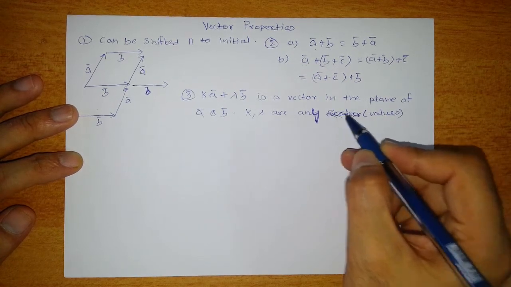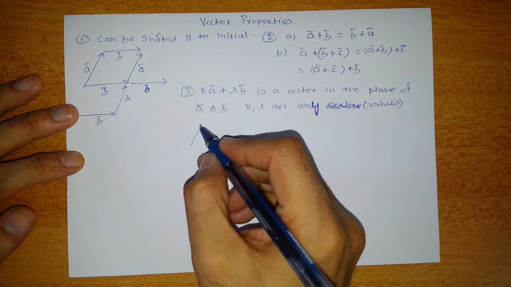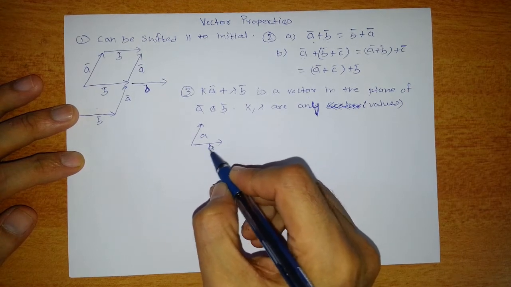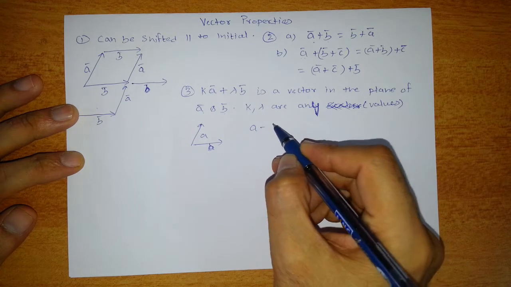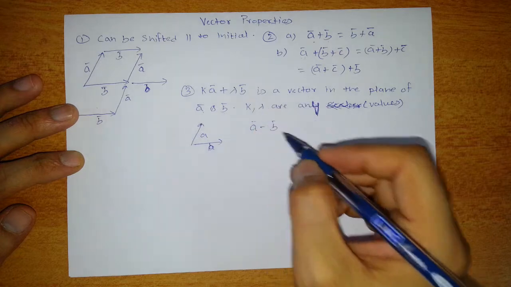So we can say, let's say there is a vector A, this is vector A, and this is vector B. If we say, what is A minus B, here k is 1 and lambda is -1.